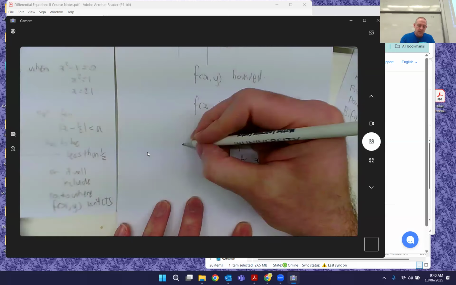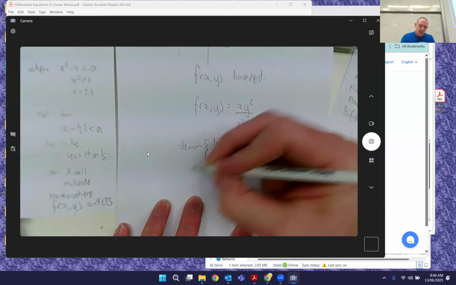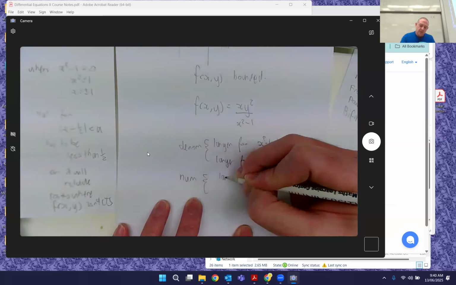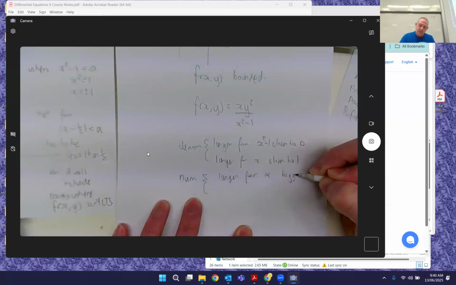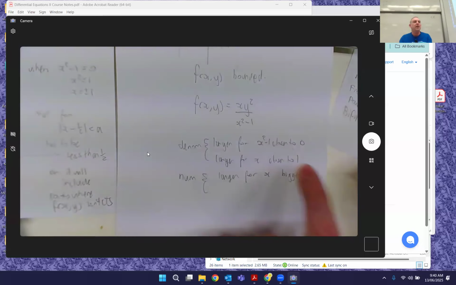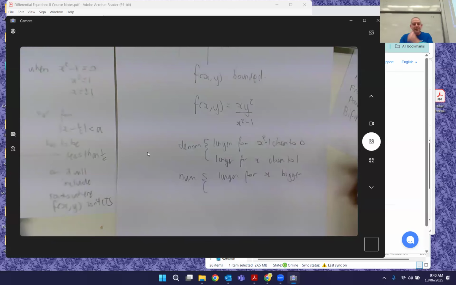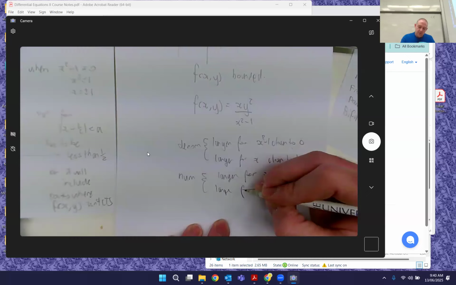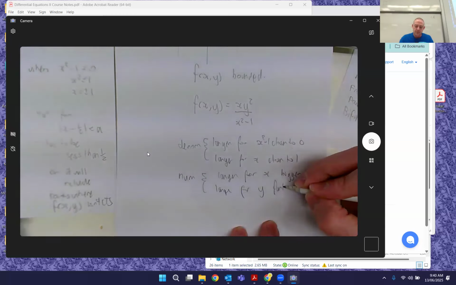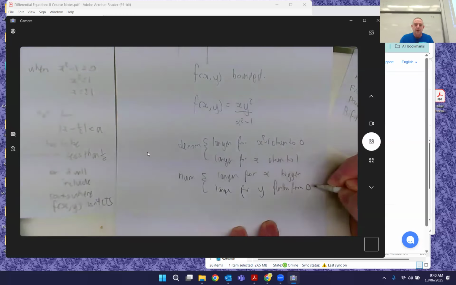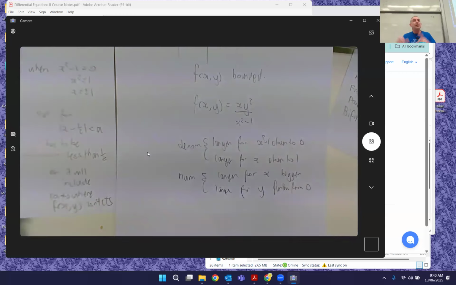But that's already covered by x being closer to 1, so that's great. Awesome. And it's larger for y bigger as well, but for y further from 0. So when I say larger, I mean further away from 0. That's what I'm interested in.